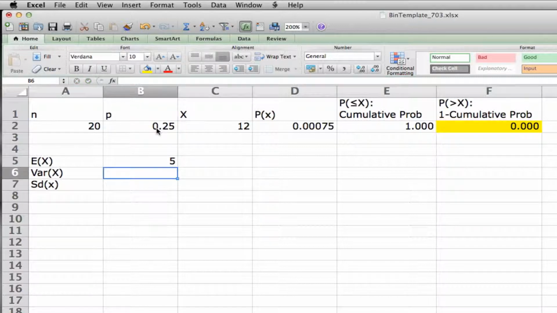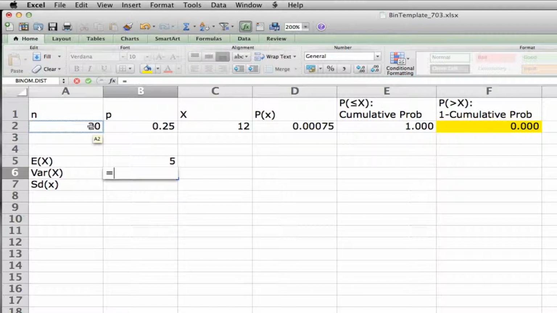The variance of x, even though the question is not asking for it, we can answer that as well. The variance of x is equal to what? The trial size times the probability of a success times the probability of a failure, and recall with the binomial distribution, the probability of a failure is 1 minus the probability of a success.